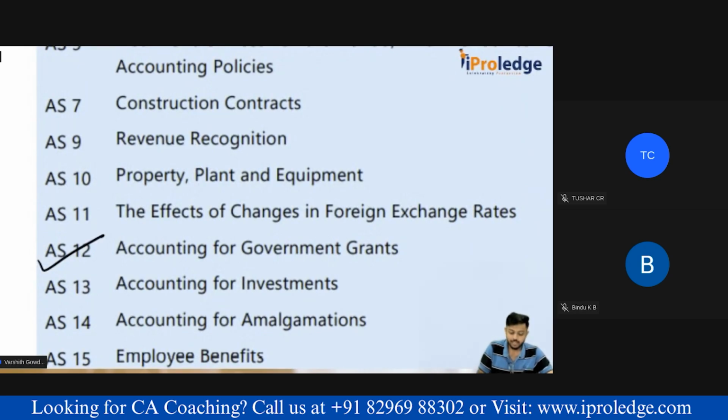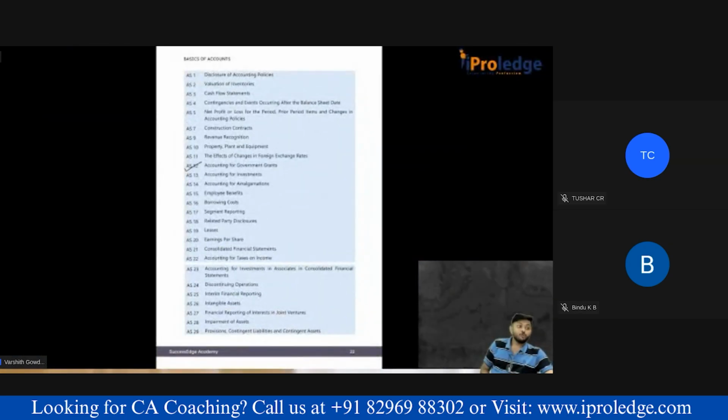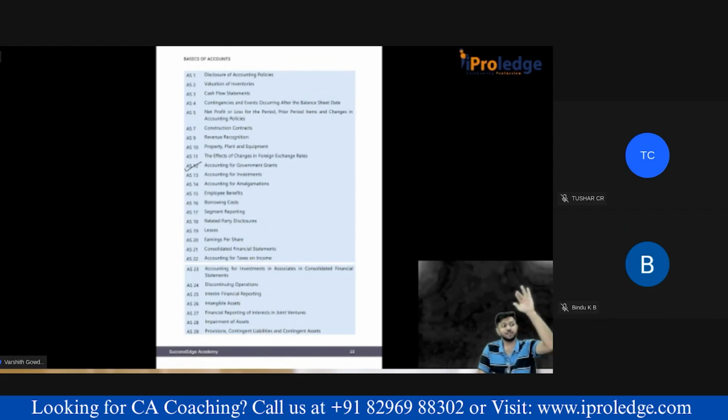Now tell me, for what companies is Ind AS applicable? For what companies is AS applicable? For companies which come under the Companies Act, normally AS is applicable. Ind AS is applicable for those companies whose net worth is more than 250 crores. Net worth is assets minus liabilities. So if it is more than 250 crores, Ind AS is applicable. Or if the company is listed. What do you understand by listed?